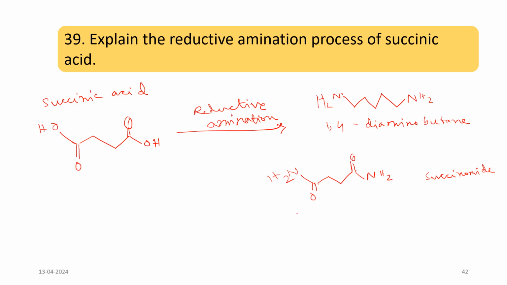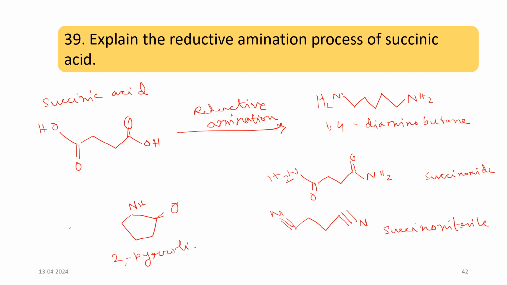Then it can produce succinonitrile. Okay, and the last product is 2-pyridine. Okay, so these are the products of the reductive amination process of succinic acid.